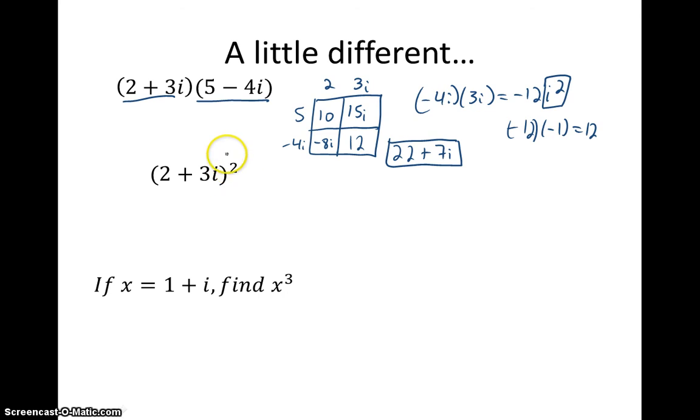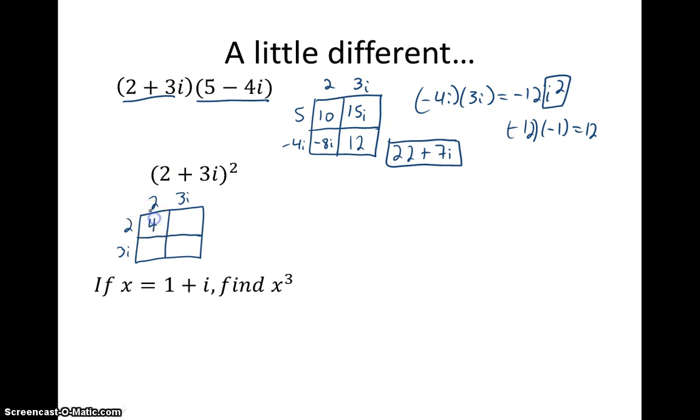Now we have one where it's squared. Well, we'll still use our box method. So we have 2 plus 3i and we have 2 plus 3i. It's really tempting sometimes to distribute the square. You cannot do that. Don't do that. Because 2 plus 3i squared means we're doing 2 plus 3i times 2 plus 3i.